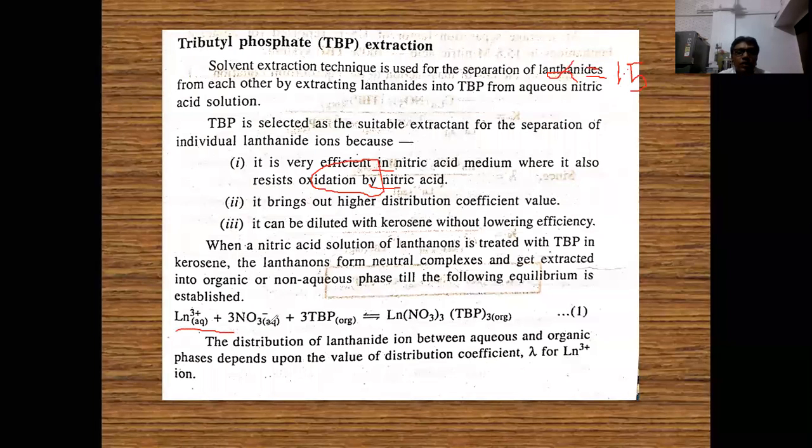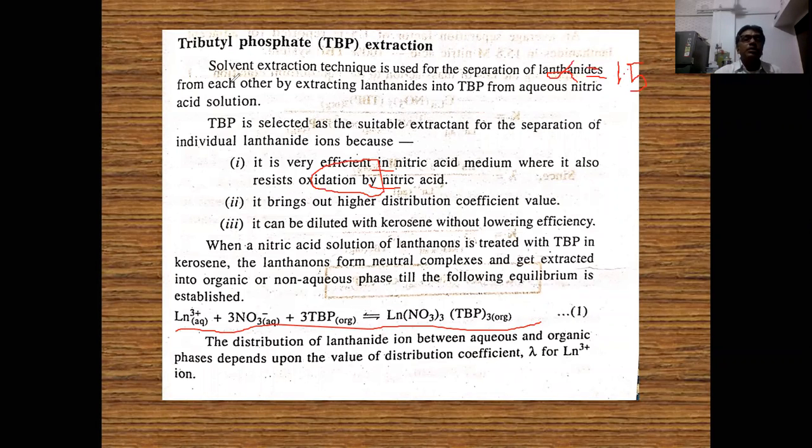By applying the law of mass action to this, the equilibrium constant or stability constant of the complex is equal to the concentration of the lanthanum complex divided by the concentration of the lanthanum ion multiplied by the concentration of nitrate ion raised to power 3, multiplied by the concentration of TBP.